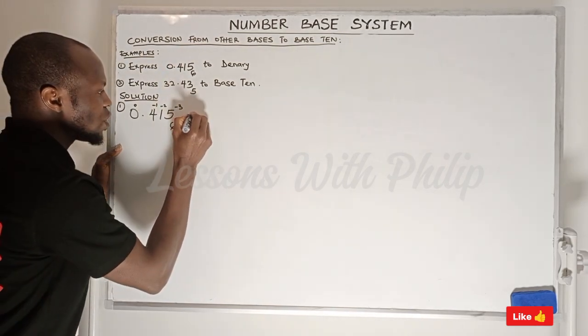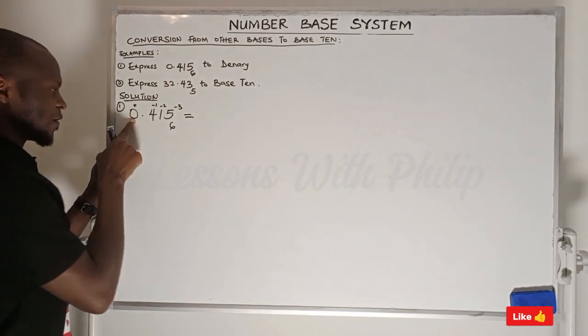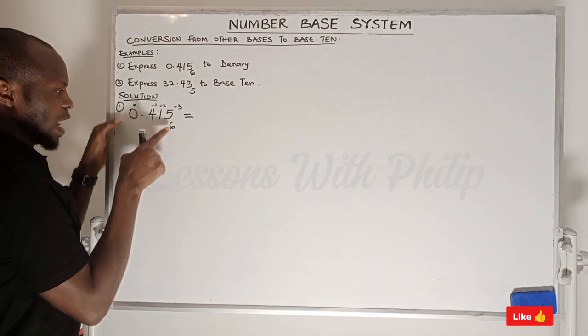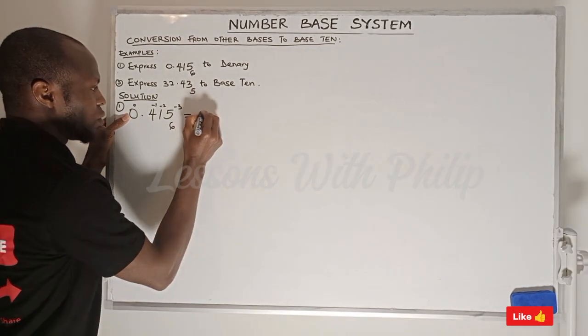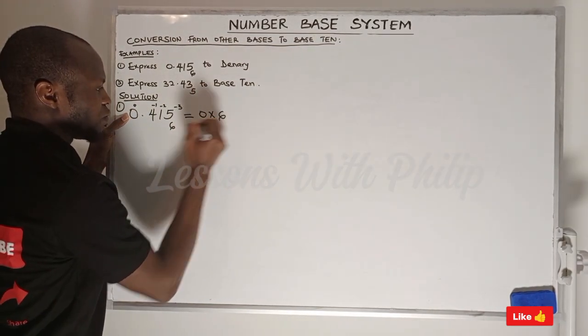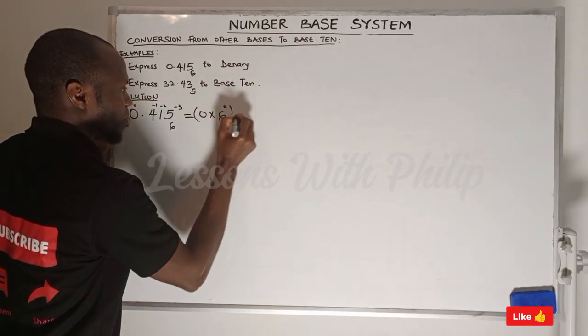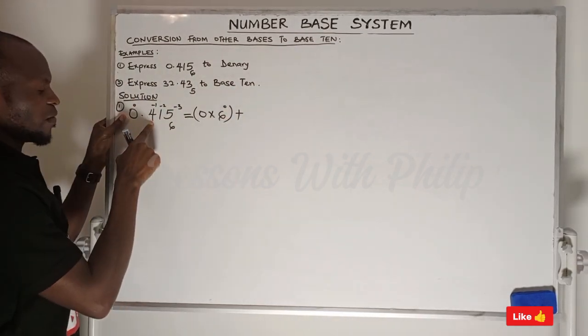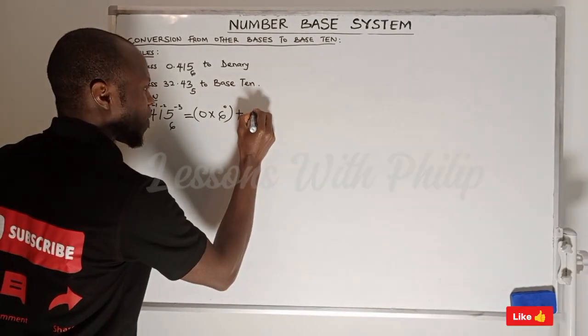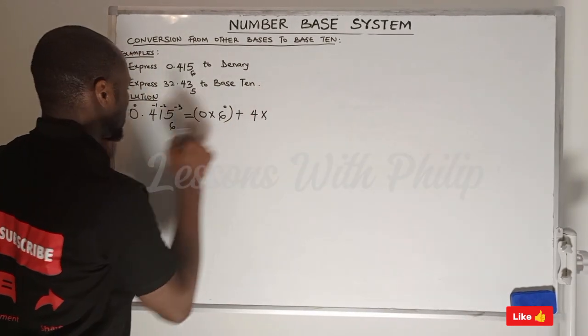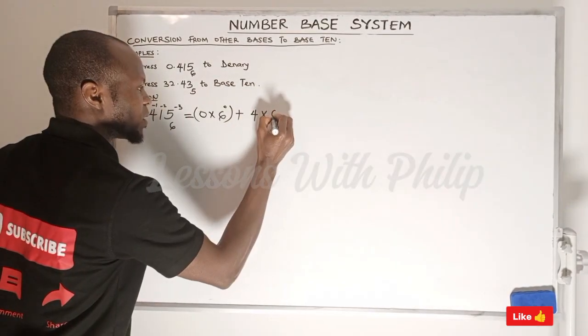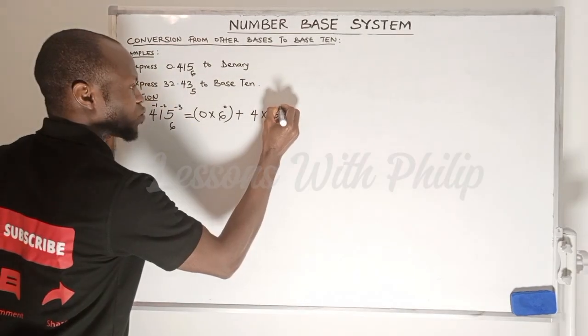So this will now be equivalent to, start from 0. That will be 0 times the base, 0 times 6, which is the base, raised to power 0. Plus, we have our 4. That will be 4 times, what is our base? Base 6. And what is our power? Minus 1.